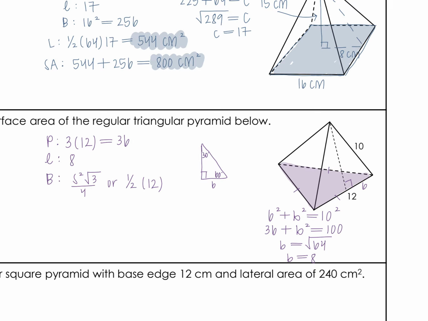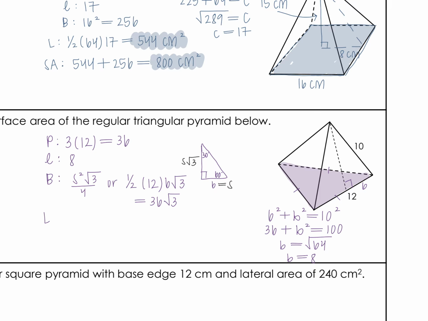So we have a 30, 60, 90. Okay, and that 6 that we found, that's going to be our s, and our altitude becomes our s root 3. And so that's where I'm going to get that my altitude is going to be 6 root 3. So half of 12 gives me 6. 6 times the 6 root 3 is going to give me 36 root 3.